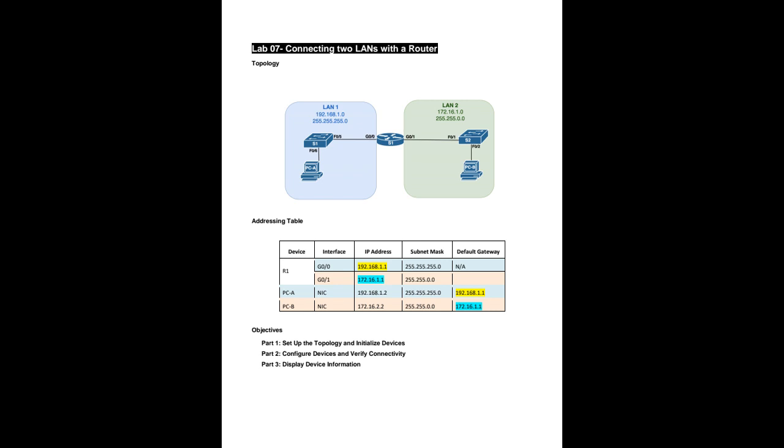We have two switches and one router. Let us see what is the model of the router, because we have to follow the instructions. The router is Cisco 1941 and the switch is 2960. Here I found them.